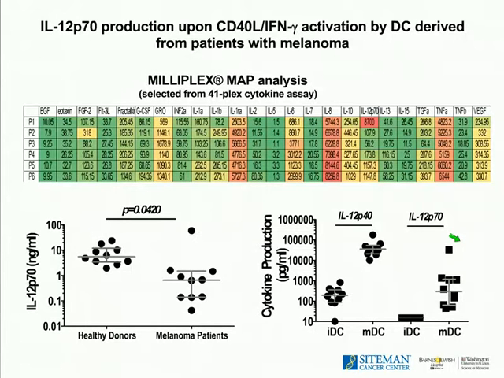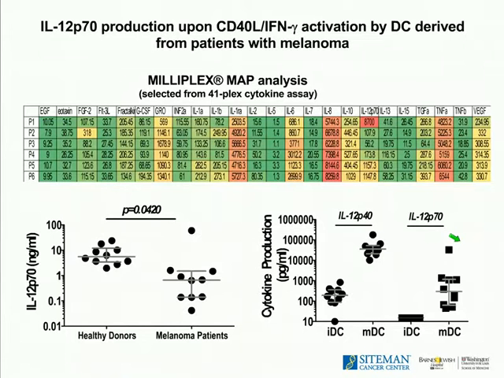So it is usually accepted that when you measure P70, you're measuring P35. When you're measuring P40, you're measuring the P40 monomer. So we wanted to see which of the two chains was defective in the patients that had no clinical response.